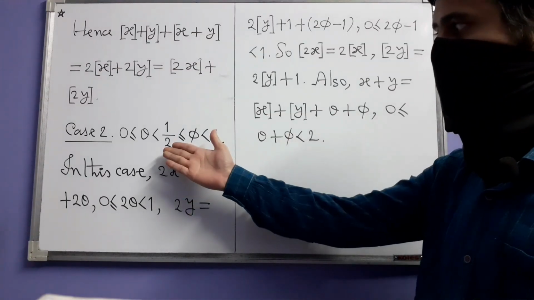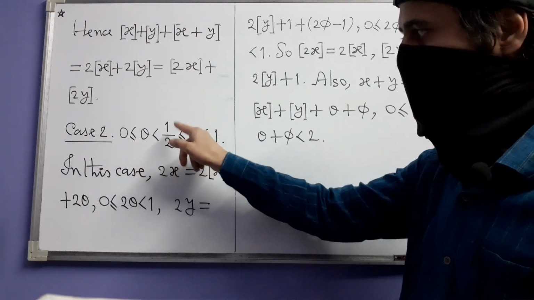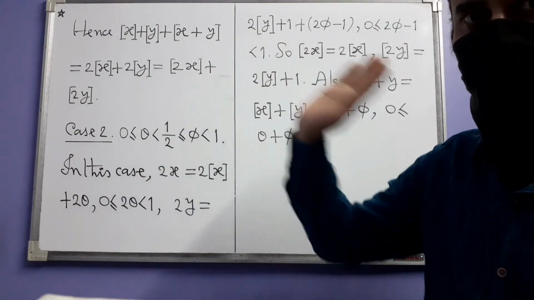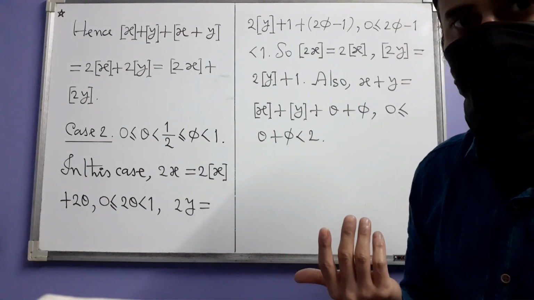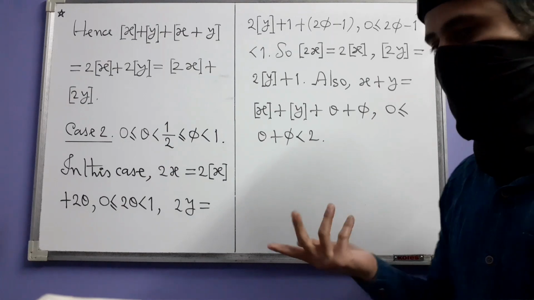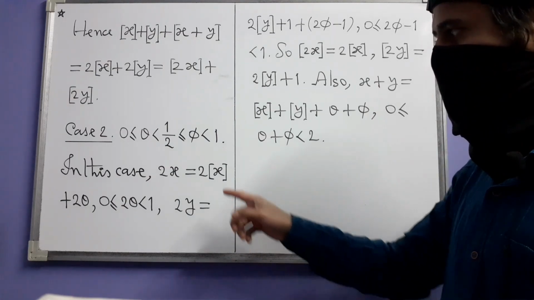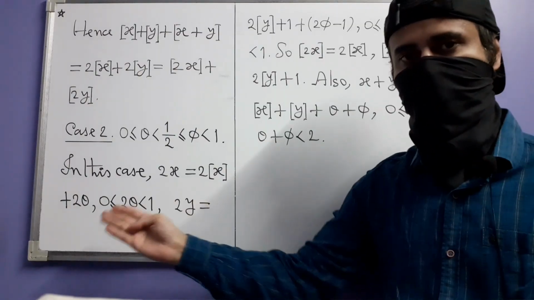Next we have case 2. Here theta is non-negative of course, and less than 1 over 2, just like case 1. But phi is greater than or equal to 1 over 2, and of course less than 1. Then what will happen? In this case, the exact same calculation will also be there for theta.